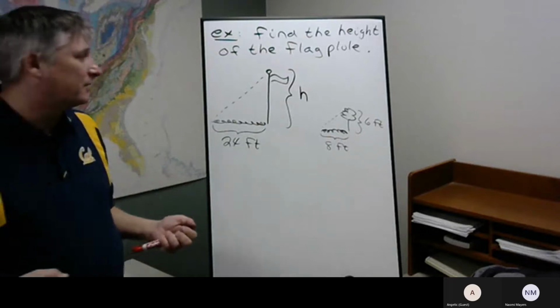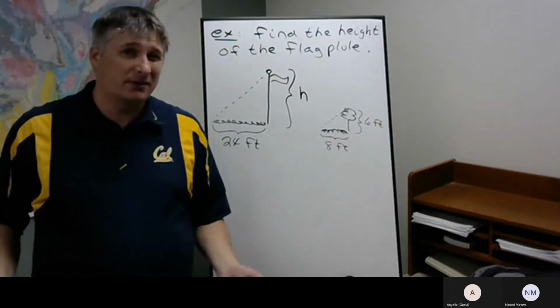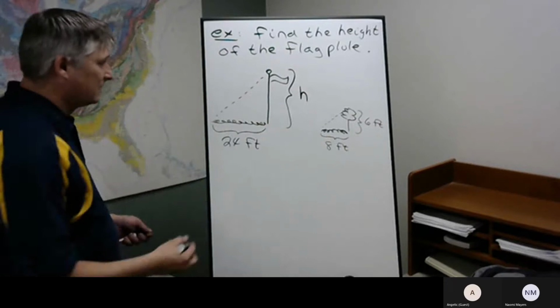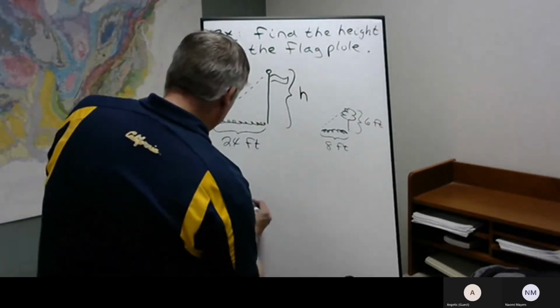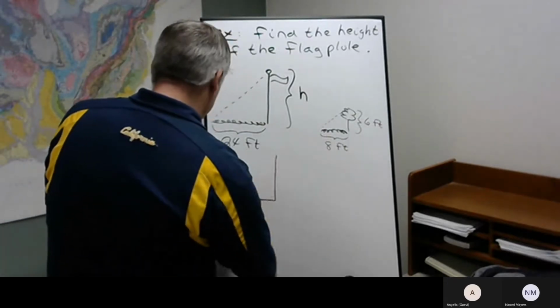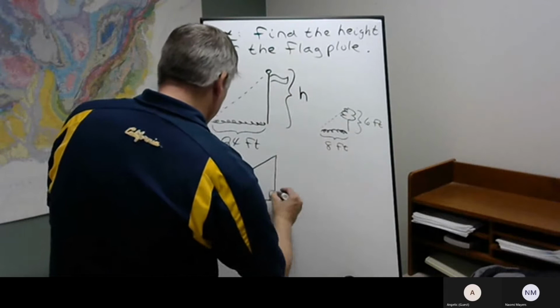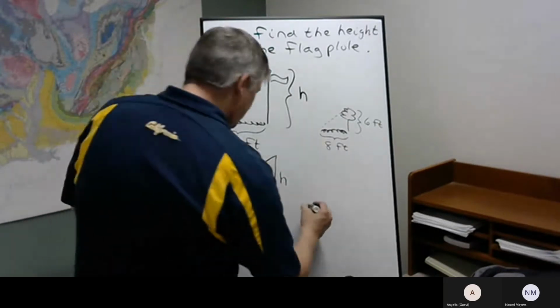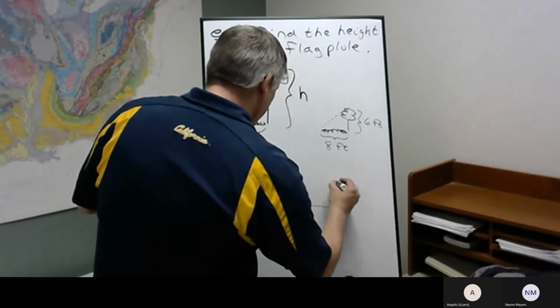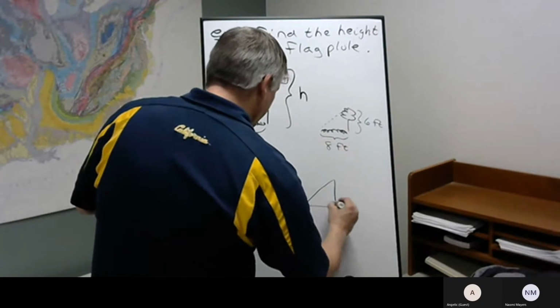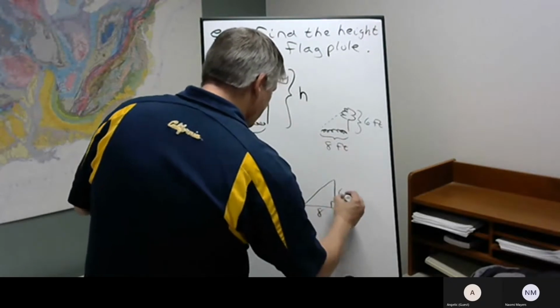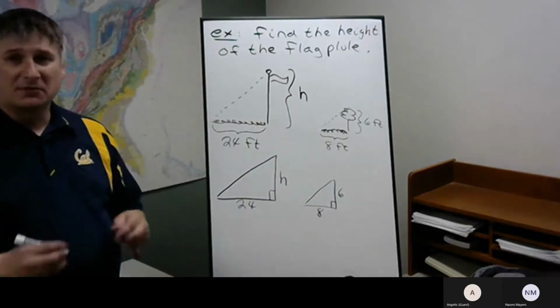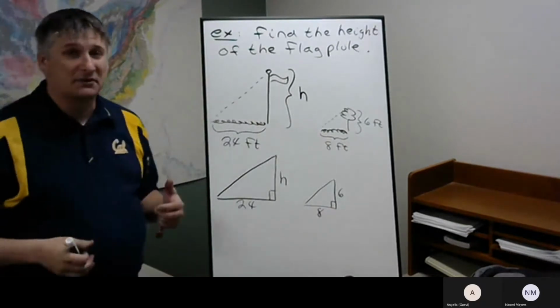So what's happening here? When you're working with these shadows, you're actually getting similar triangles. So you have a large triangle, and then a smaller, similar version of it. So again, same shape, different sizes, barring artistic license.